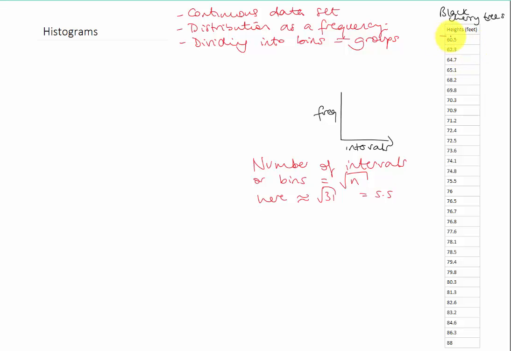So here we've got all the trees that are between 60 and 65, so in fact 64.9. And here we've got everything between 65 and 69.9, sorry. Here between 70 and 74.9.